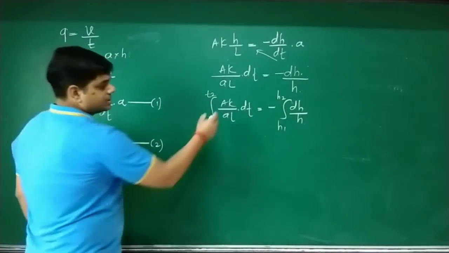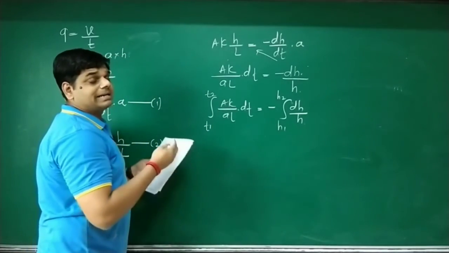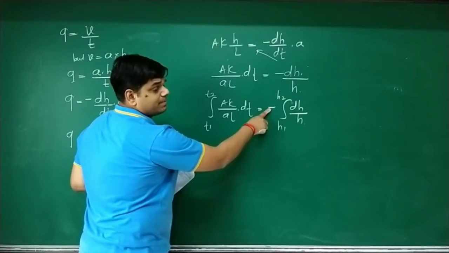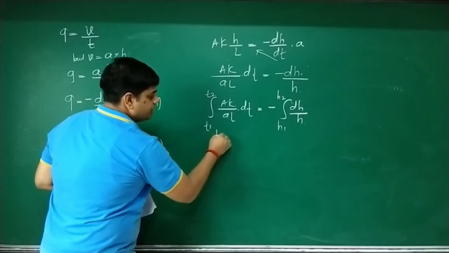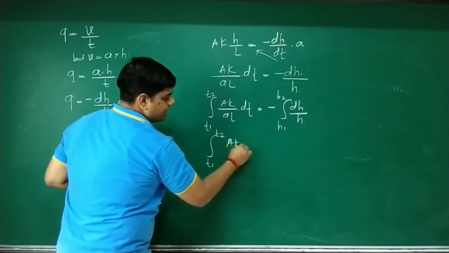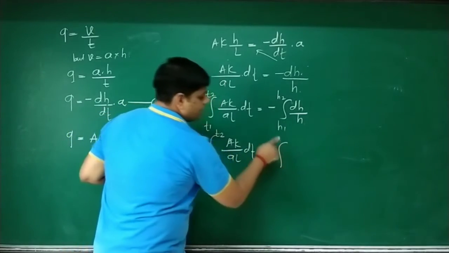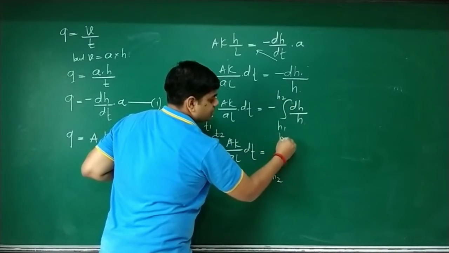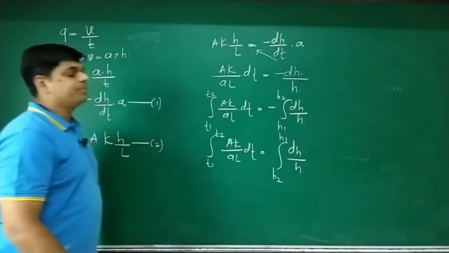Now this AK upon AL is a constant because these terms are related to the soil, and to remove this minus sign there is a concept in mathematics: change the limits. So T1 to T2 as it is, AK by AL dt is equal to, now I am going to change the limits, H1 becomes H2 and H2 becomes H1, dH upon H. Okay.